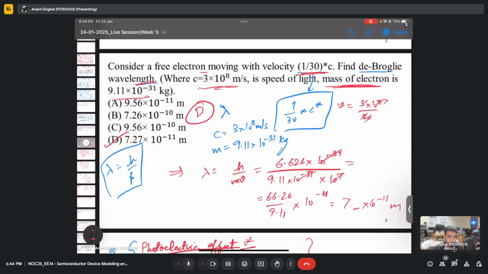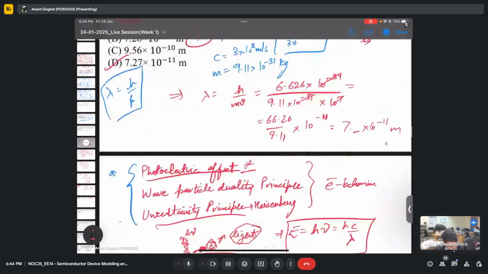So we need to consider whatever mass is given. If it was some effective mass, it would have given a value of some x into m naught. This m naught is the actual mass, and this x is around 0.01 or something like that, for the effective mass. This is the absolute mass of the electron. Fine, then we can move ahead.